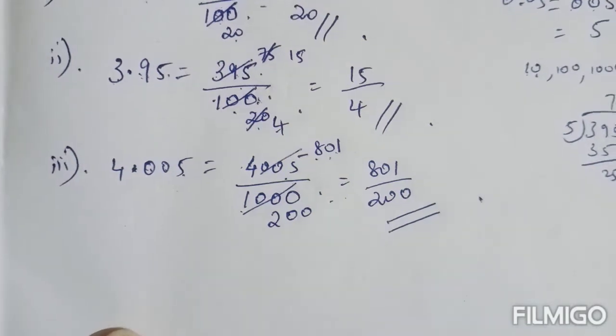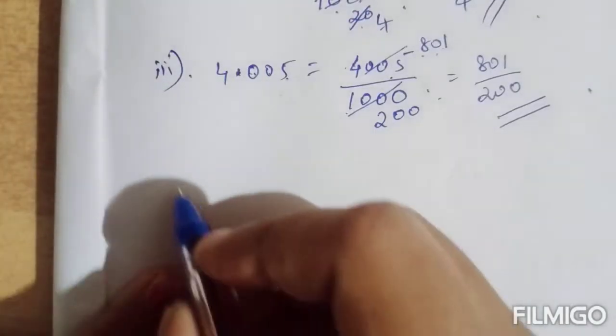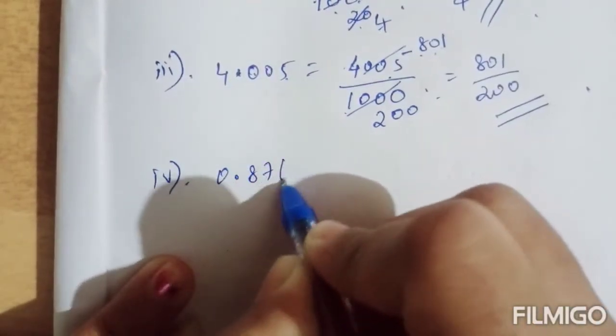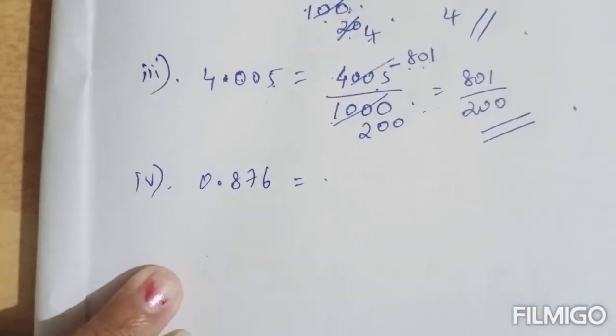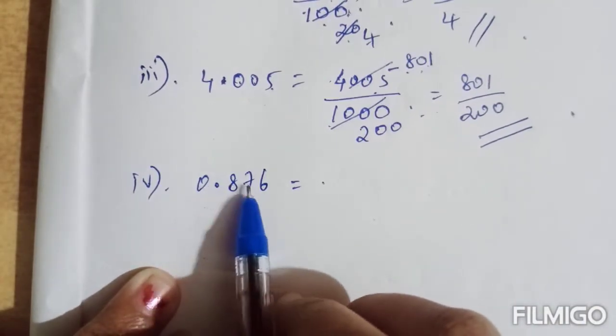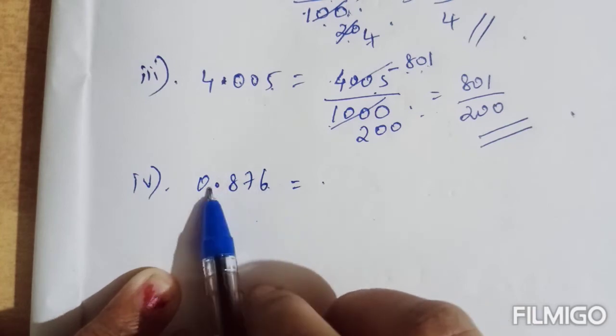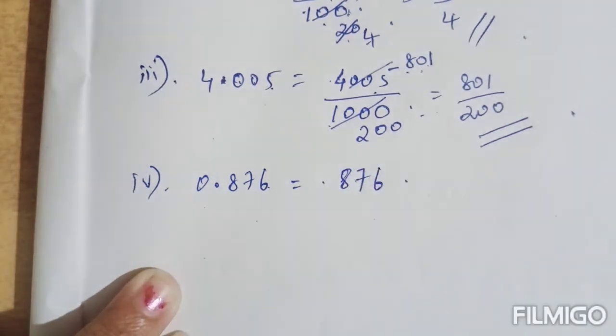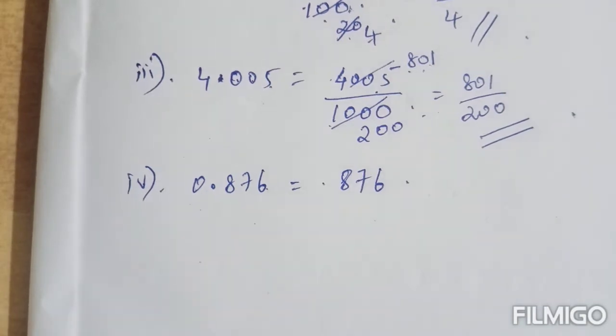Now the fourth one, 0.876. So 0.876 without decimal point, it means it is 876 itself. We will not write a 0 before a number.